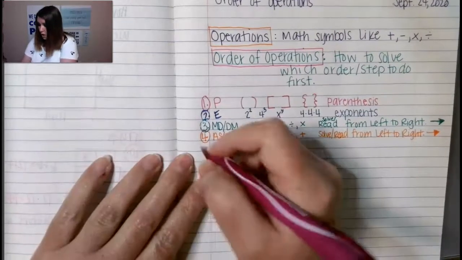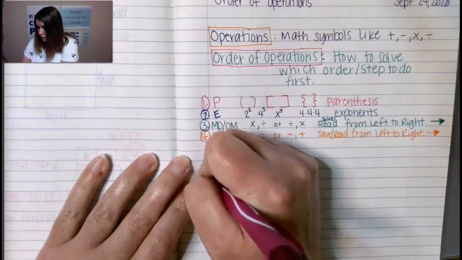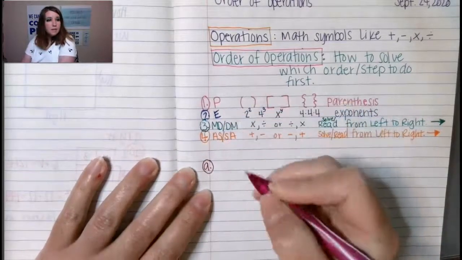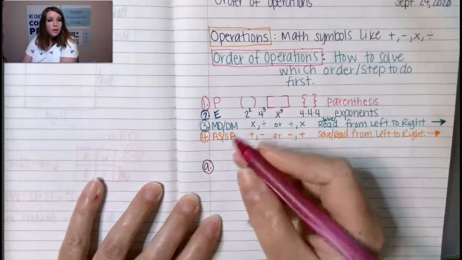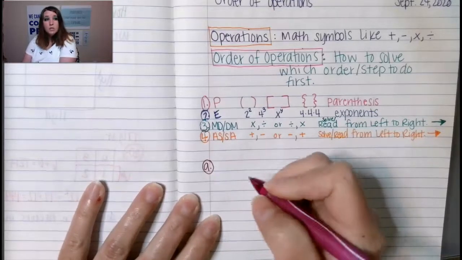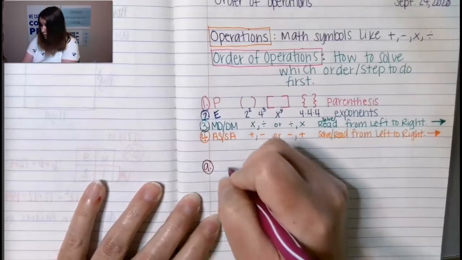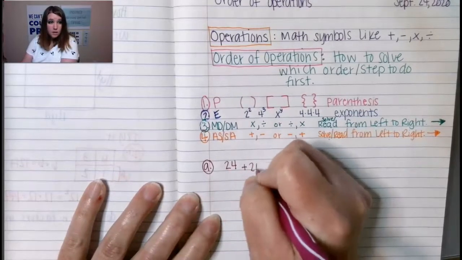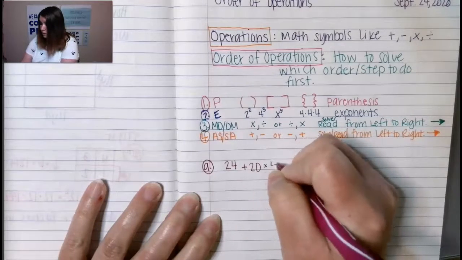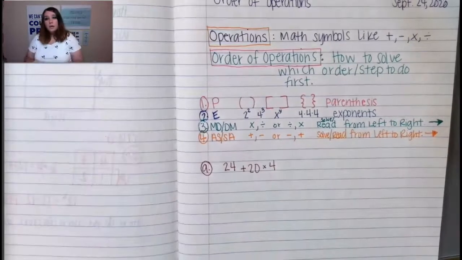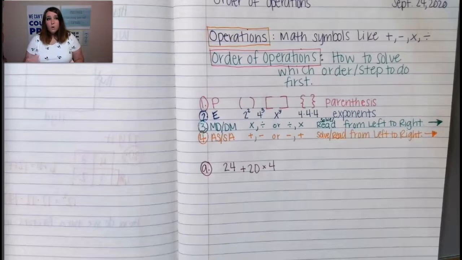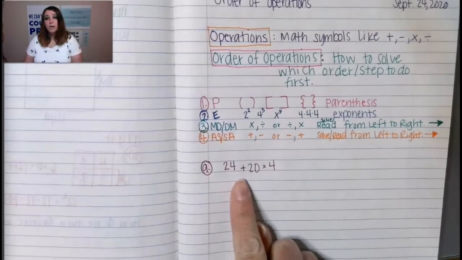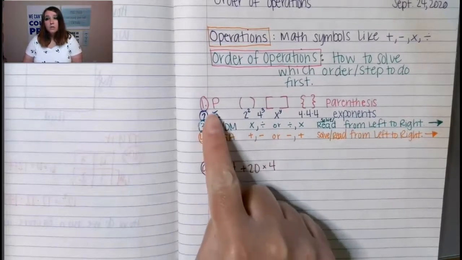All right, so our first example that we're going to look at looks like this. We are going to use the order of operations to solve this problem. It says 24 plus 20 times 4. Okay. So I know when I see this problem right here that I have to use this list.